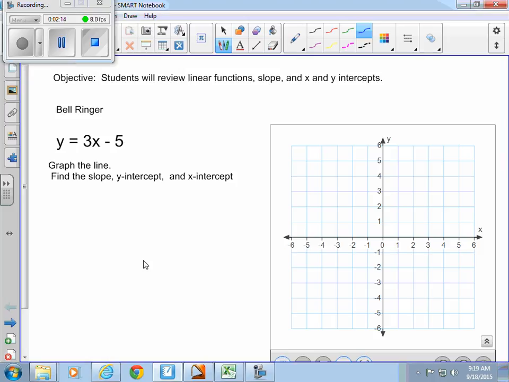Okay, graph the line. Did everyone know how to do that? We've done that in here, right? How do you do that? The y-intercept is at -5 because of the b value in y equals mx plus b. Good. I can go rise 3, run 1.